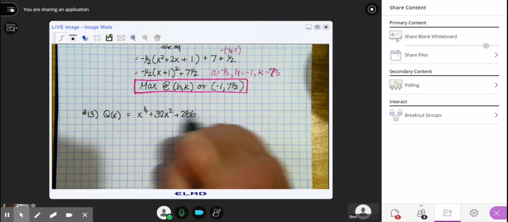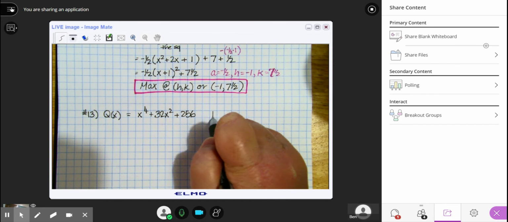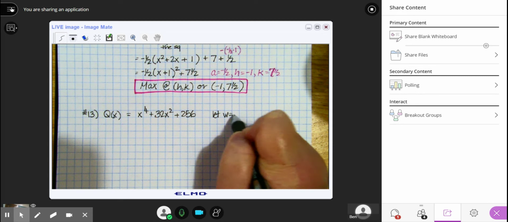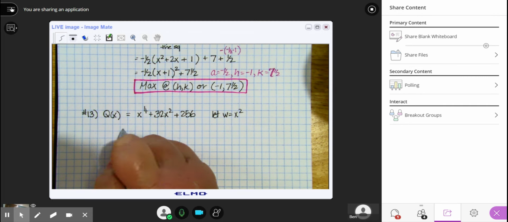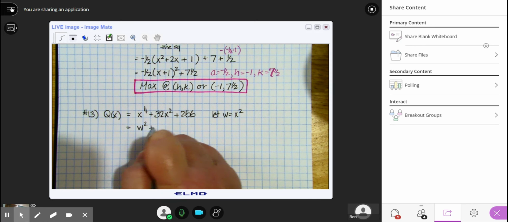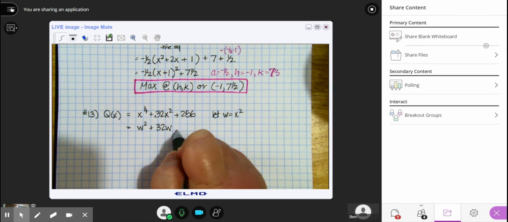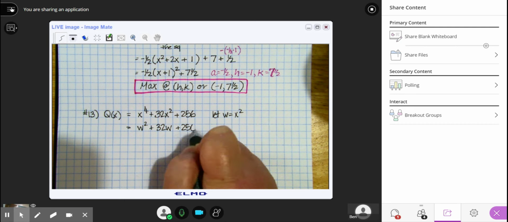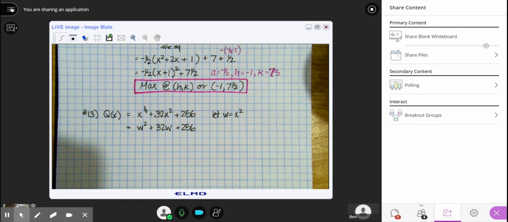You could do a u substitution. If you let w equal x squared, then you have w squared plus 32w plus 256. But I don't know how much that helps.